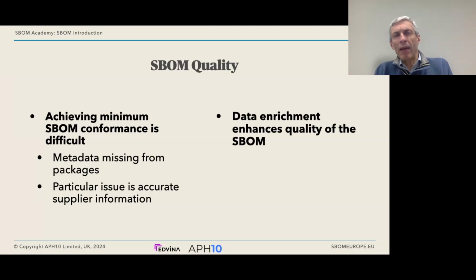Do we get reliable naming of the packages? Do we get reliable ways of where the supplier is, how to contact the supplier? Do we have the relationships clearly defined? What's the relationship between two components? And so this is one of the things we have to be aware of.